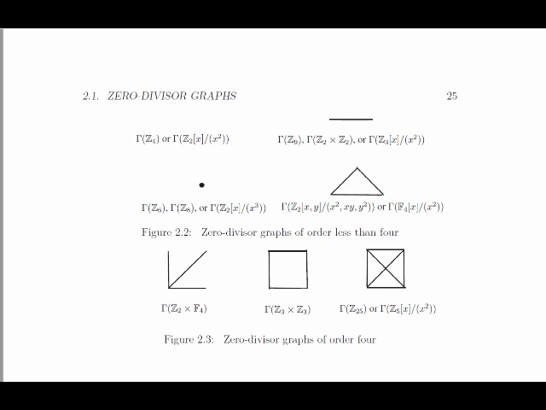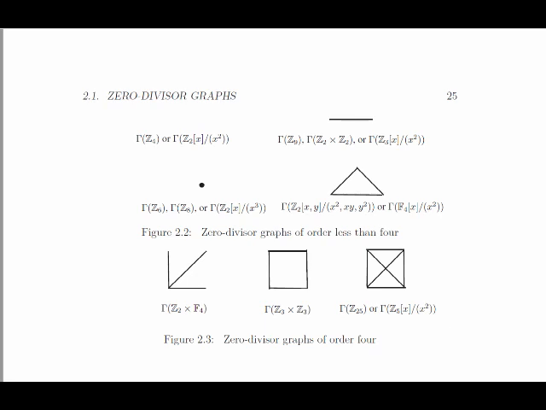And of course, this is clear. Why? Because the non-zero zero divisors of Z9 are only two vertices, 3 and 6. So that's clear, because remember, the vertices are the non-zero zero divisors. And for this ring, we have only two, (1,0) and (0,1). And the same thing for this ring.